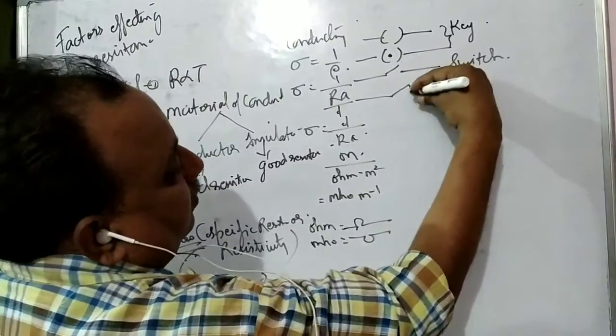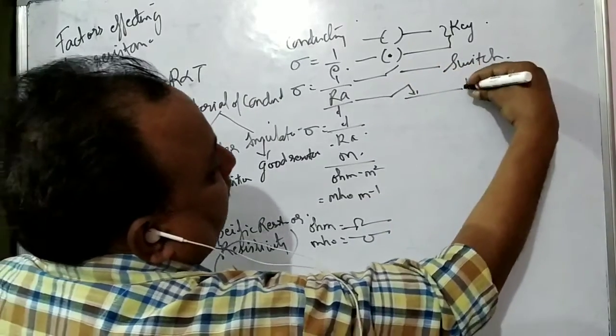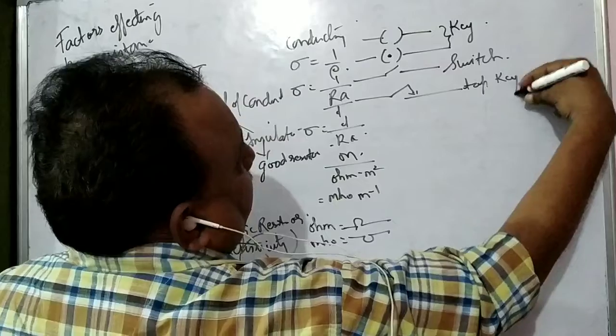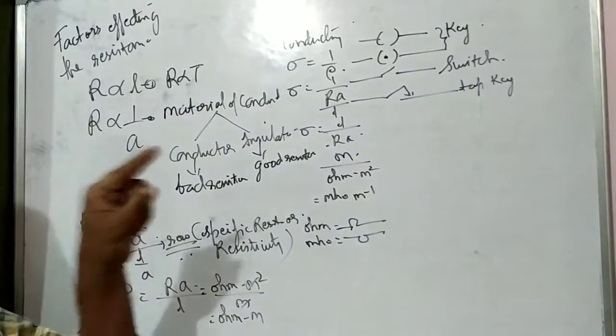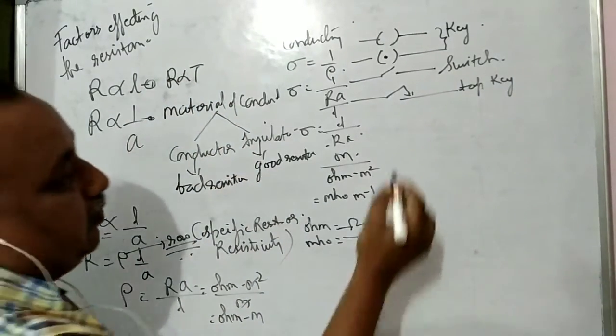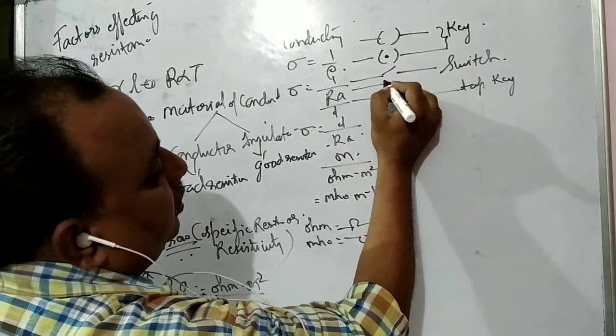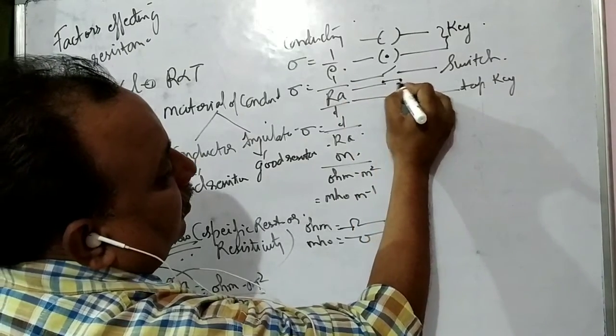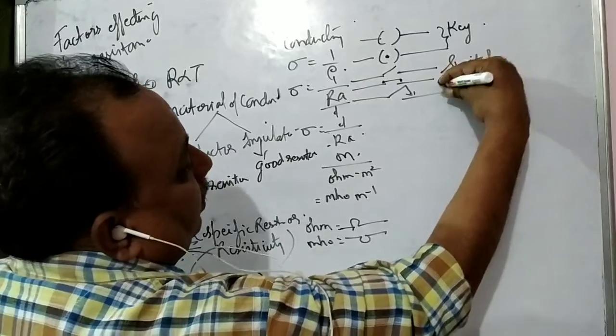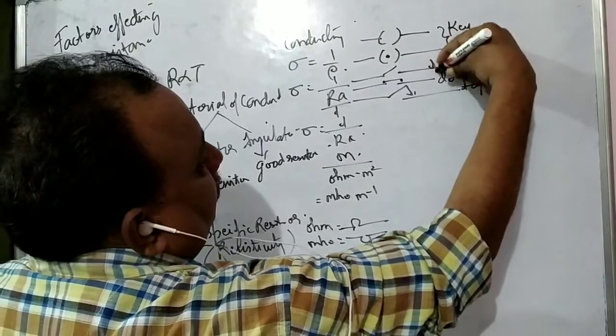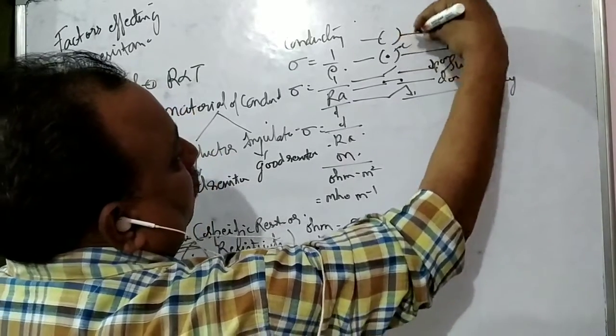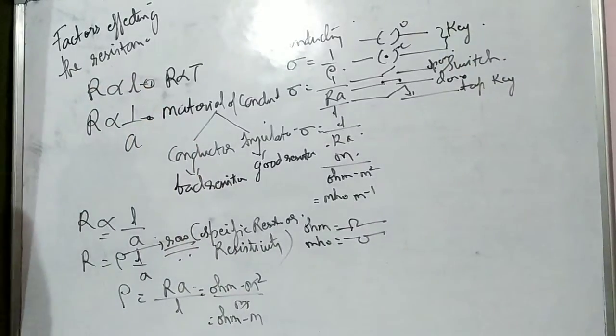This is the symbol of a tap key, the key which you use in a bell, just to ring the bell. Even if you are using a switch like this, it means a closed circuit. This is an open circuit. Again, this is closed and this is open.